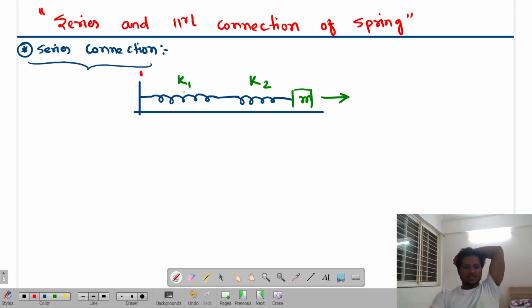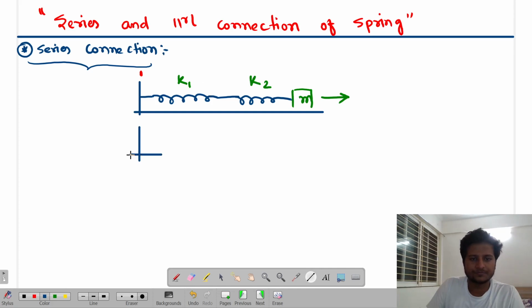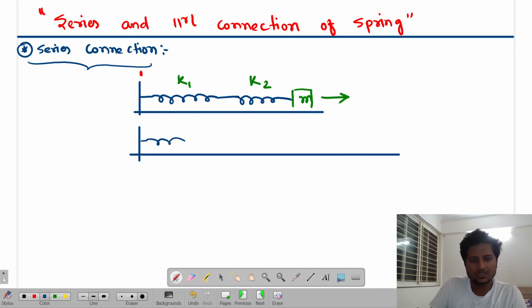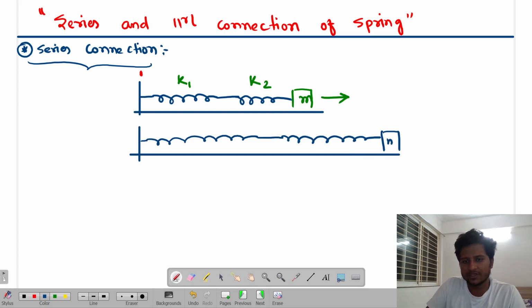For each and every spring I am defining its natural length. So suppose I expand it. This spring got expanded till over here, this spring till over here, and the block is over here now.